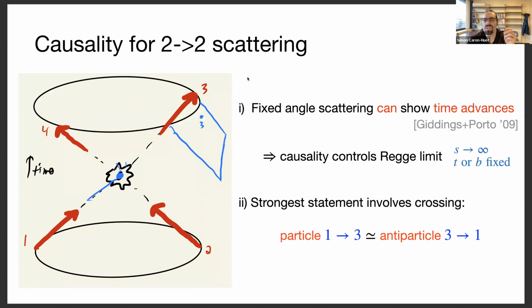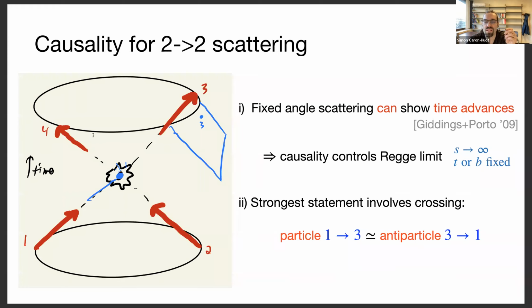I'm just going to say a few general things about the kinematics, basically to explain why the rigid limit is important. If you think about fixed angle scattering, what might causality mean? You might imagine that if particles collide at a point, you don't get stuff coming out before a light cone that touches this point. But this doesn't make sense. If you have extended objects, they will bounce and get there with a time advance at fixed angle.